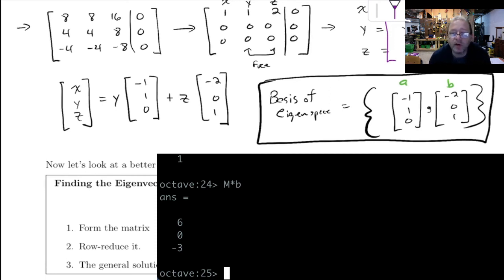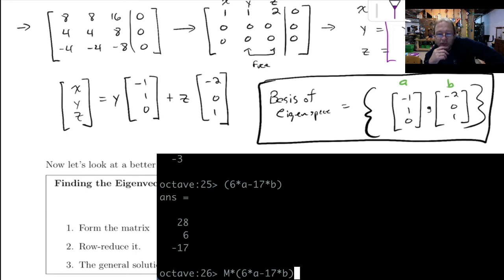And this works not only for A and B, but for any linear combination of them. I'm going to pick some random numbers: 6 times A minus 17 times B. I'm just picking those numbers out of nowhere. If this were a normal class, I would ask people to give me random numbers. So that gives us this. Now if I take the matrix M and multiply it by this, it should give me -3 times that.